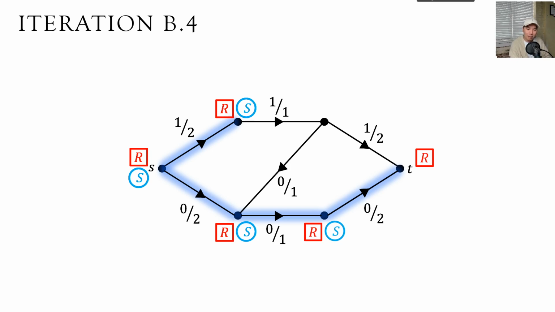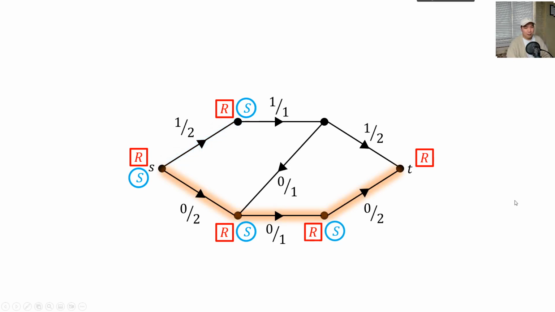How did I get from S to T? Well, I took these bottom 3 edges. So this is an augmenting path. Now I must ask, can I go ahead and look at the excess capacity for each of these edges? So for this edge on the far left, the excess capacity, again, is capacity minus flow.